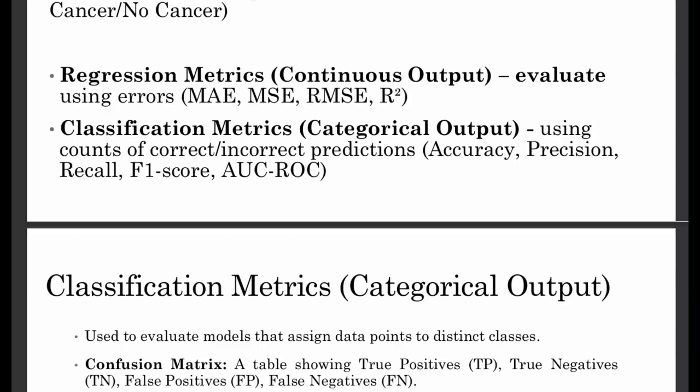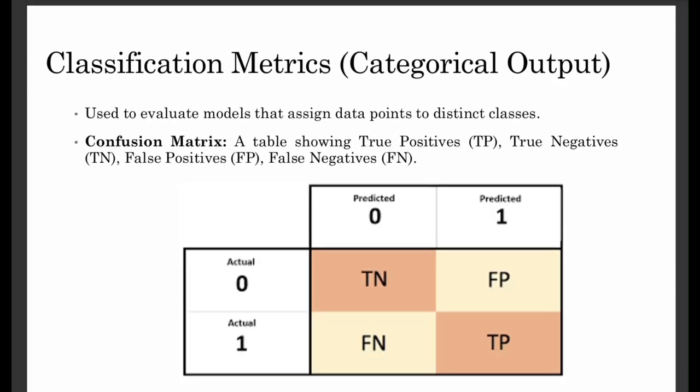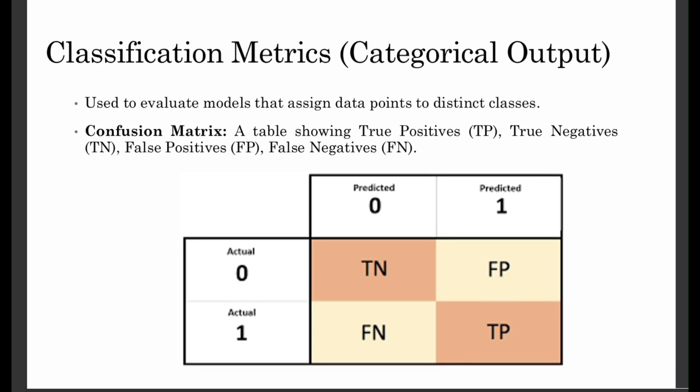Let's dive into the classification metrics, starting with the confusion matrix, which is the foundation of all classification evaluation. The confusion matrix is a table with four cells: true positive, predicted positive, actually positive, correct; true negative, predicted negative, actually negative, correct; false positive, predicted positive, actually negative, wrong, also called type 1 error; false negative, predicted negative, actually positive, wrong, also called type 2 error.